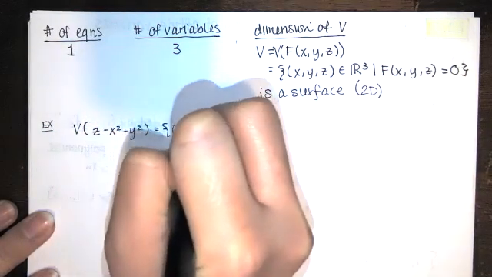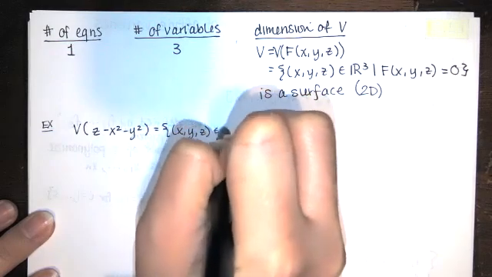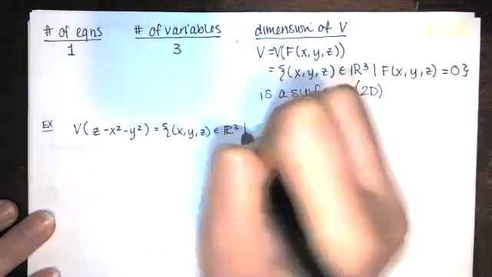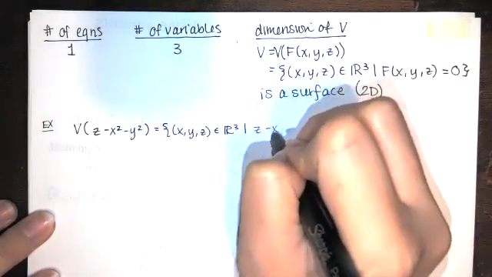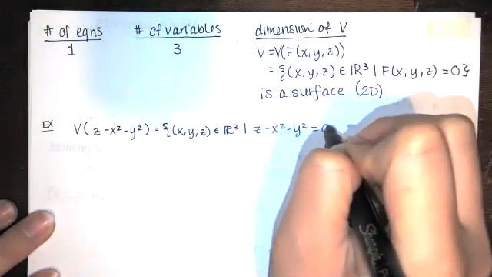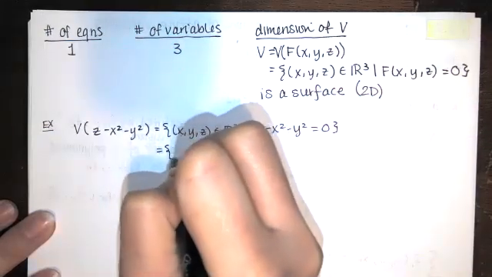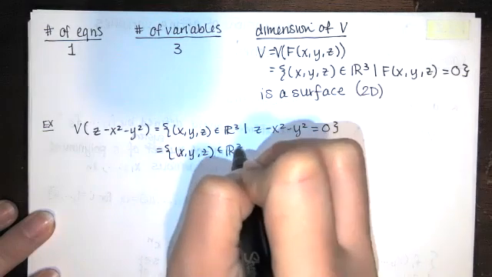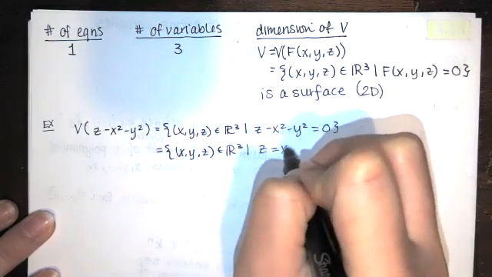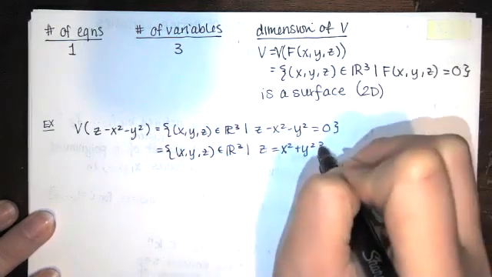Well, that's the set of all points in three-dimensional space. We're going to use the real numbers as our field again, such that z minus x squared minus y squared is equal to 0. And if you've taken calculus 3, you know that that's just an elliptic paraboloid. I guess it's kind of a circular paraboloid, isn't it?